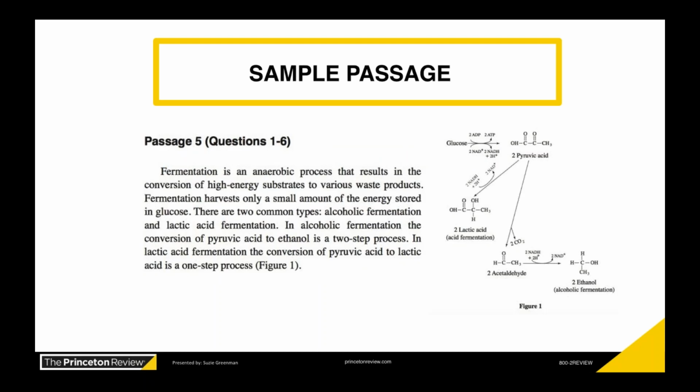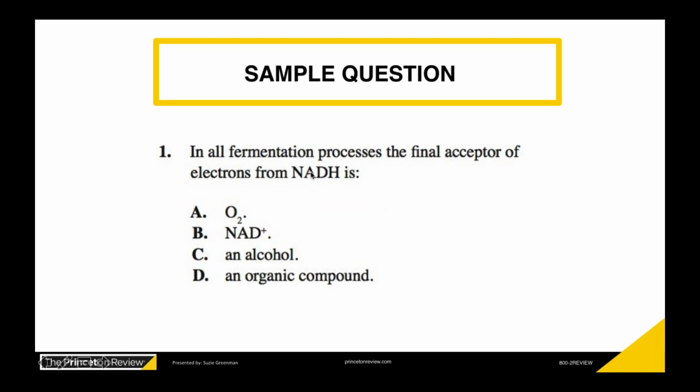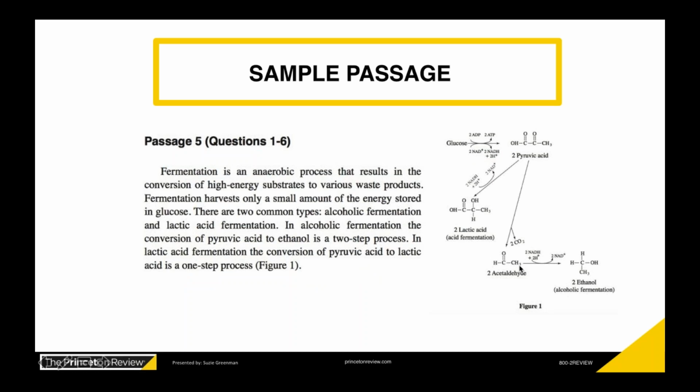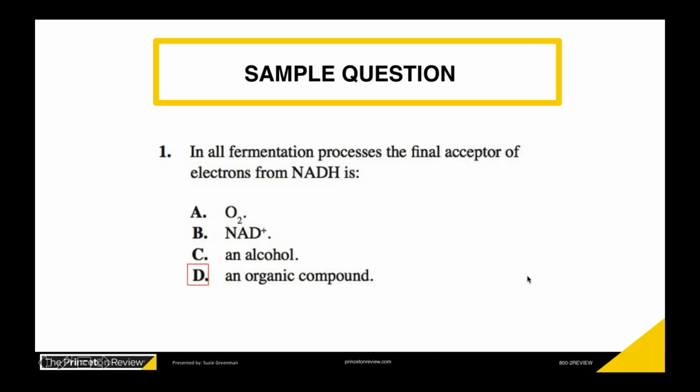There's no alcohol here in this particular reaction from pyruvic acid to lactic acid. There is no alcohol, so we can automatically eliminate this because it's asked specifically in all fermentation processes. And when we're talking about an electron receptor, we want to be looking at what it is that is accepting it. So the pyruvic acid is what's accepting it here, right? The acetaldehyde is what's accepting it here. So an organic compound.